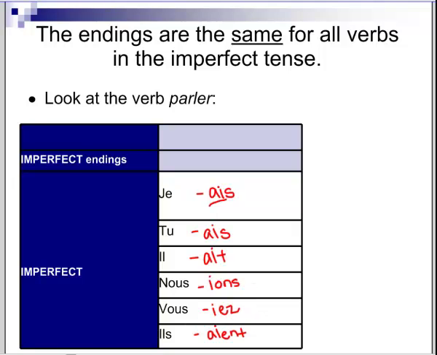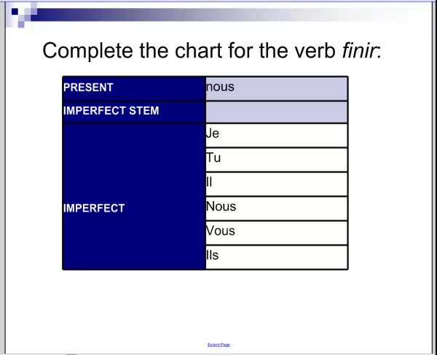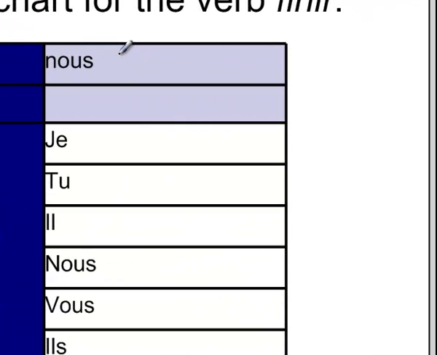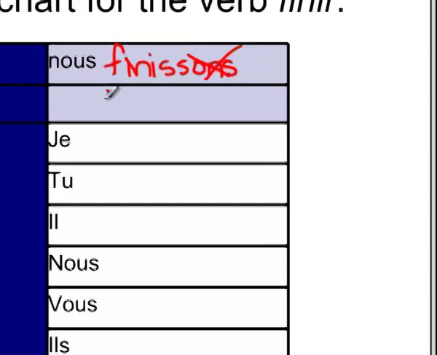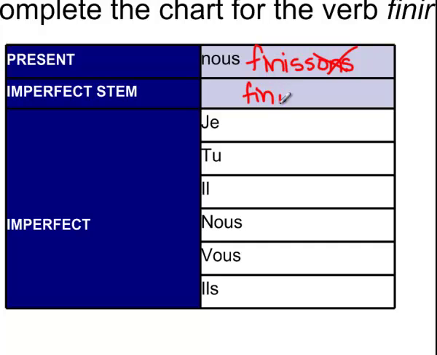So let's take a look at the verb finir as an example, and let's put the verb finir into the imperfect. The first thing that we need to know is how to form finir in the present tense nous form. If you remember, for IR verbs, your endings are is, is, it, issons, issez, issent. We take off the ONS, and the imperfect stem is what we have left over, and so that's finiss.